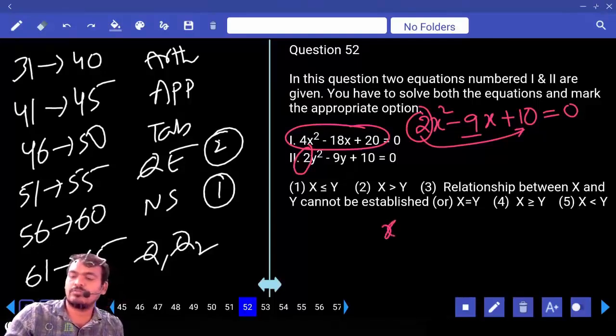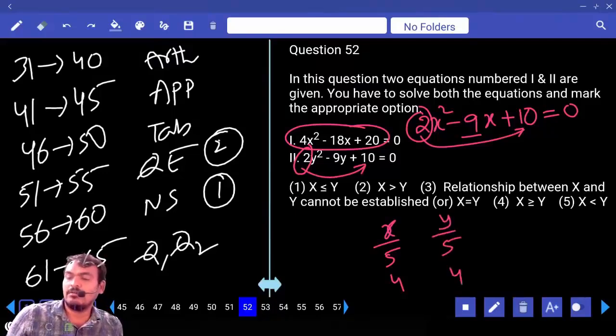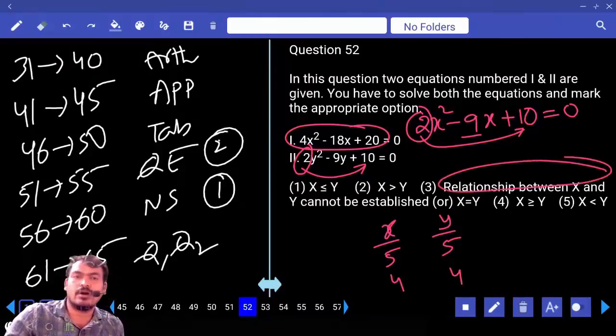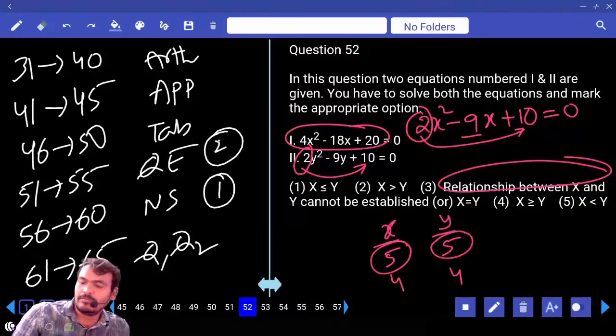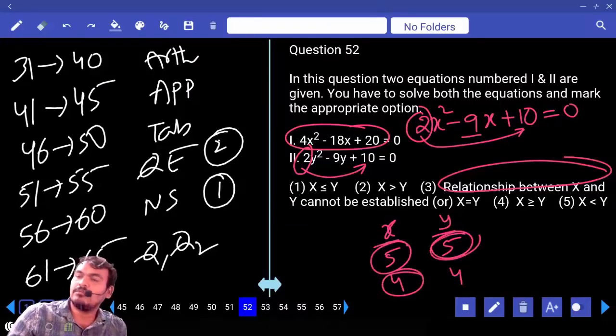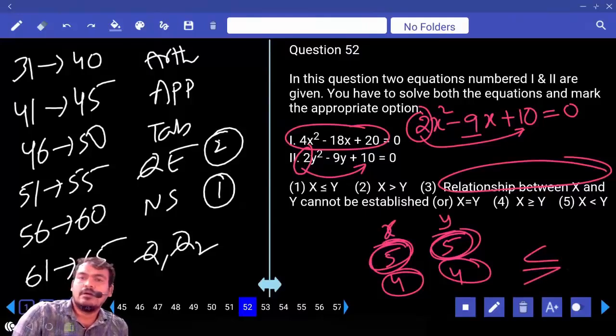Then the final roots of x are 5 comma 4. Second, 2 tens are 20. Y values we also get 5 comma 4. Answer: no relation, because we get the same numbers. 5 compared to 5 is equal, but 4 compared to 5 is less than, and 5 compared to 4 is greater. Less than and greater than means the relation can't be established.